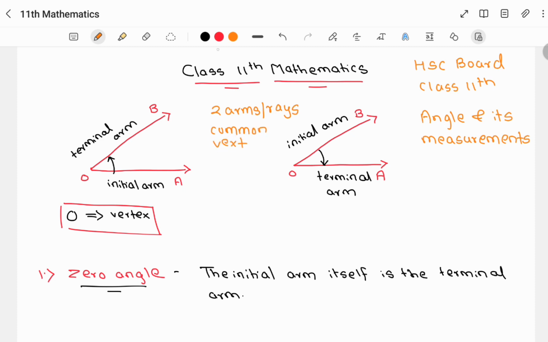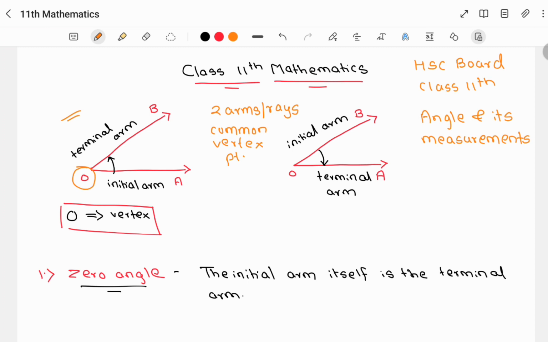As we can see over here in the left hand side diagram, we have two arms, arm OA and arm OB, where we have a common vertex point O.